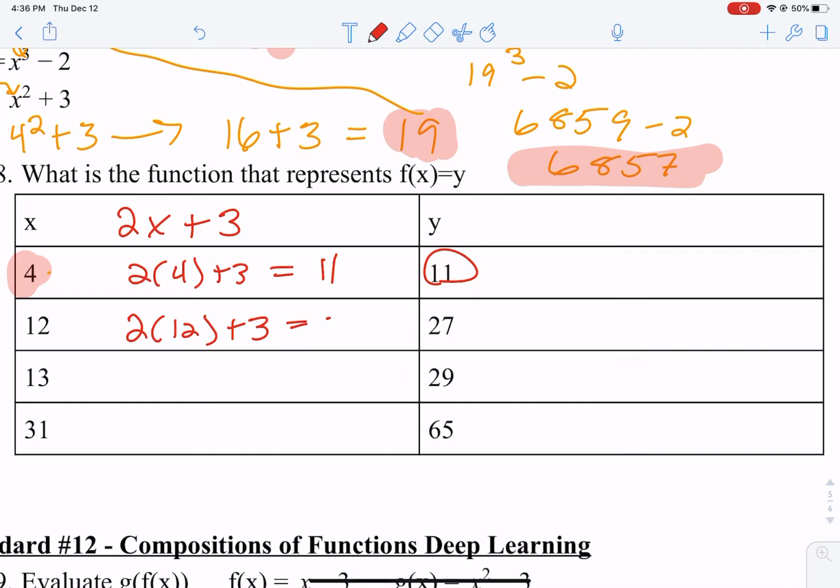So that would be 24 plus 3. That is 27. All right, looks like that's what we got. This is the correct one. So it would be times 2 would be 26 plus 3. That would be 29. And then this would be 62 plus 3, that is 65. All right, so the answer would be multiply by 2 and then add 3.